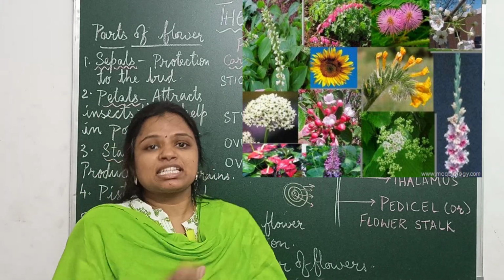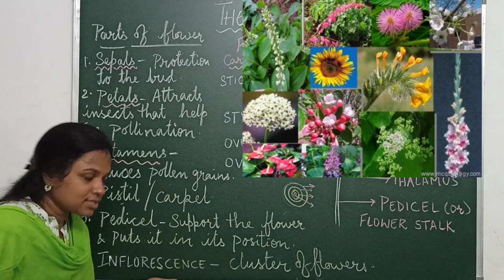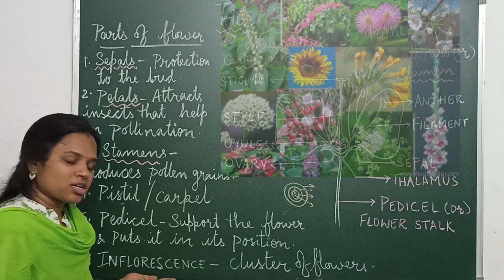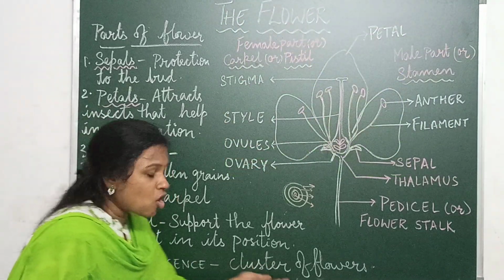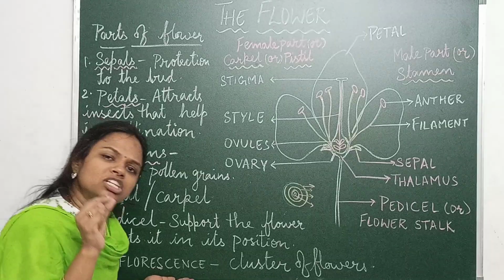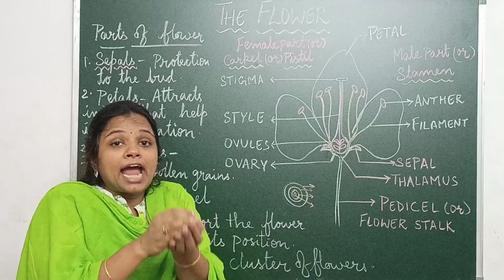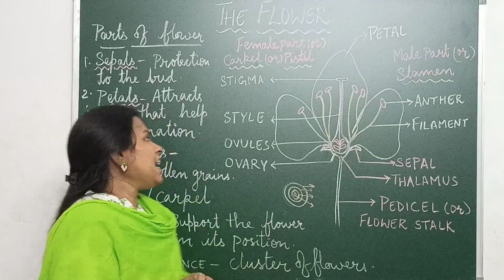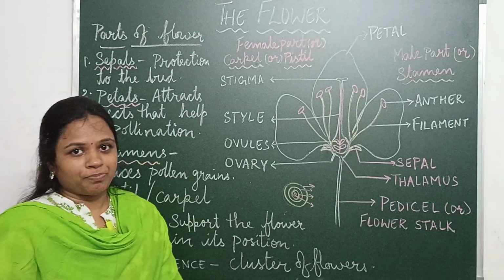That cluster of flowers is called an inflorescence. The flowers in an inflorescence are often very tiny, because of which they group together and appear as one big flower. This is mainly again to attract the insects for pollination, right?